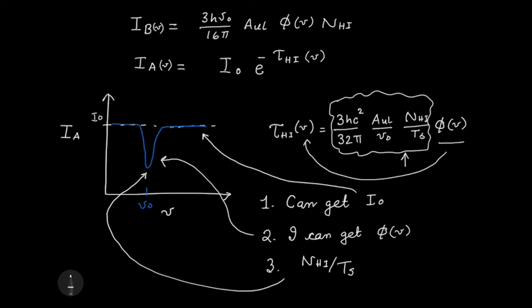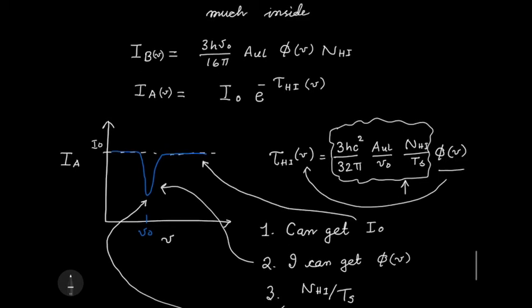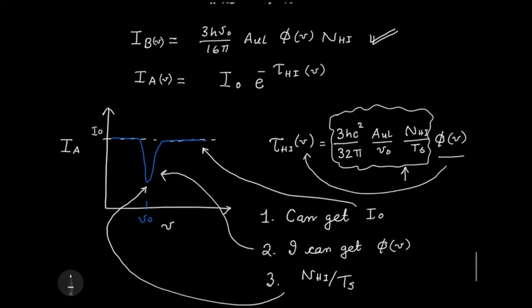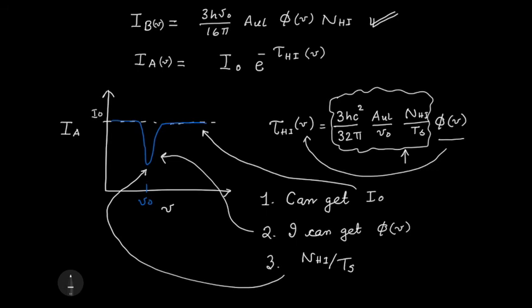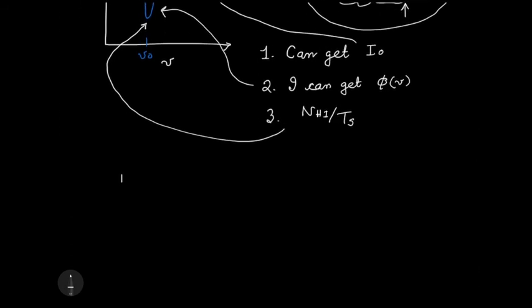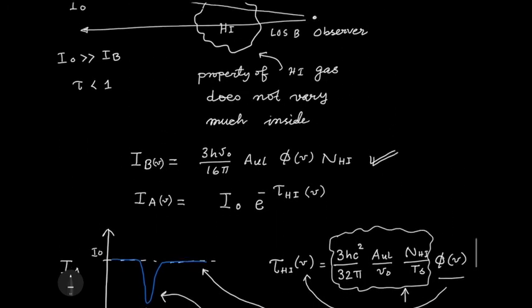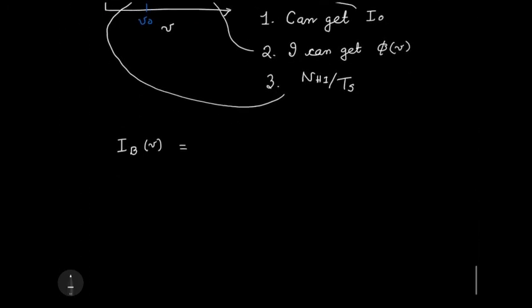Or what you can do is integrate tau nu over all frequencies. Phi nu will integrate up to 1, and then what will remain is whatever I have put in these curly braces. So I can essentially measure the optical depth. Okay, so I have two measurements. I have one measurement which is this, and I have the measurement of the optical depth. So let us write those down here first, and then we will see.